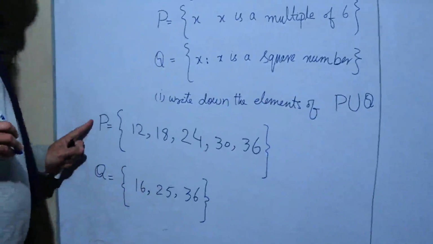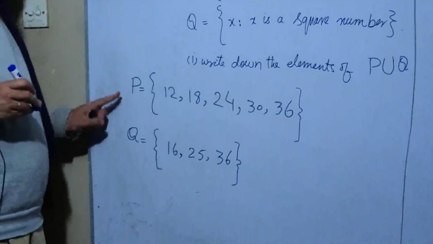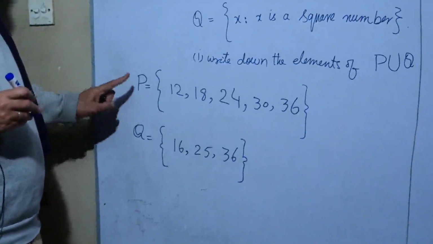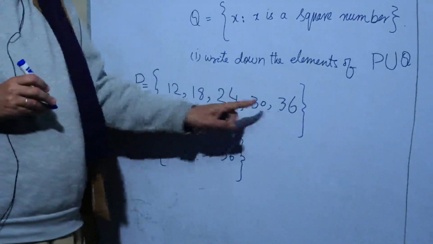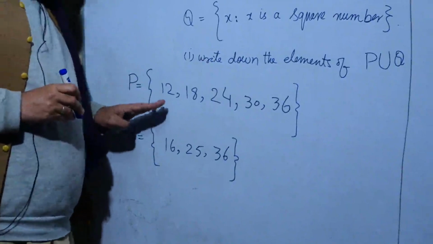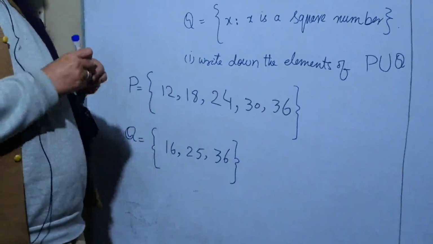We have set P, we have set Q. We have to calculate P union Q. Union means all the elements which are contained in P or Q, but the common elements will not be repeated.